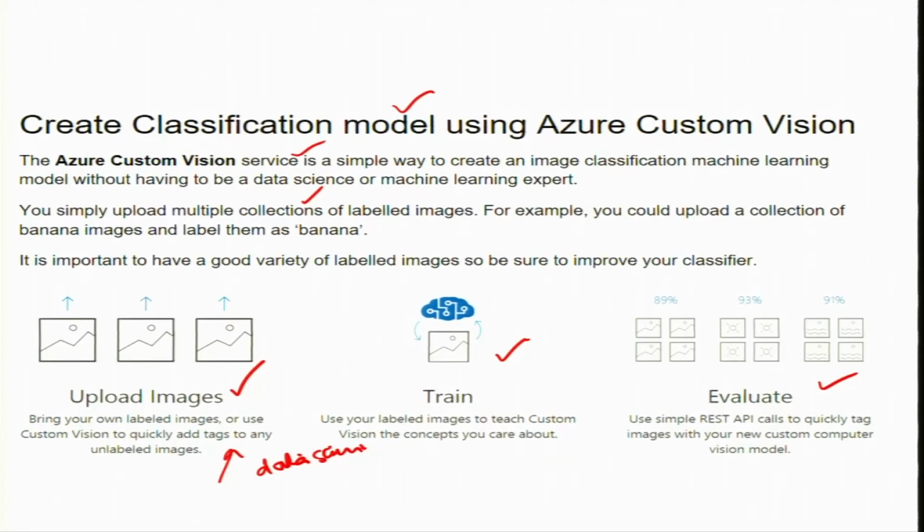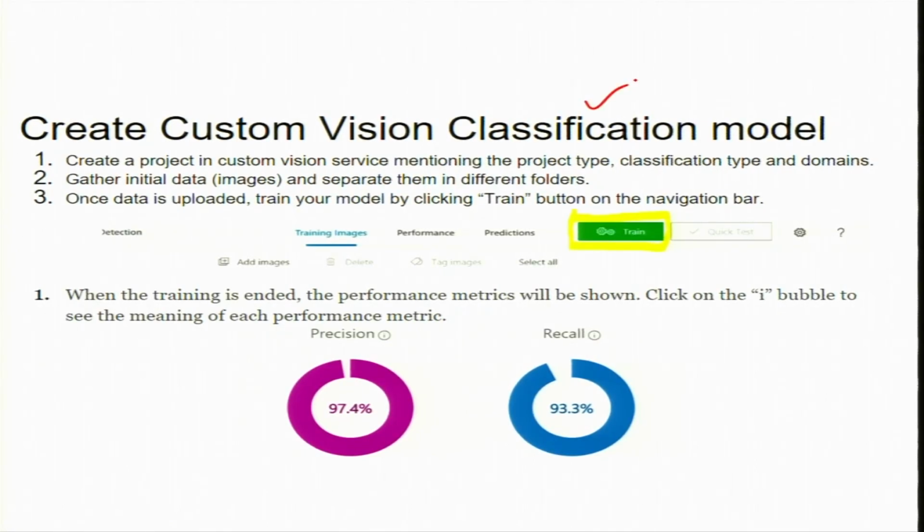This classifier may be further improved by adding more data set or more samples. So, let us see how you are going to create this particular model. You have to create the Custom Vision service, gather the initial data or images, and then upload and train your model.